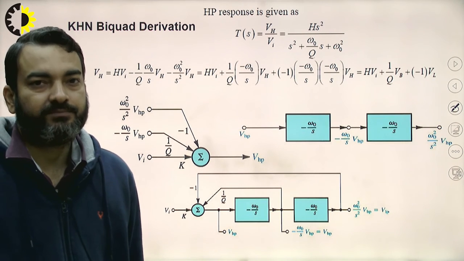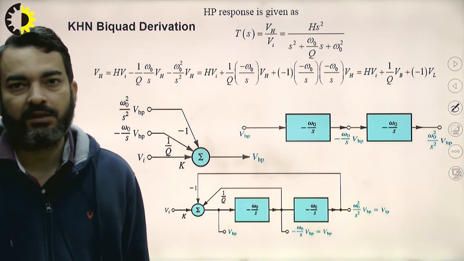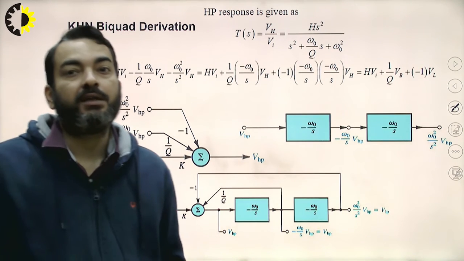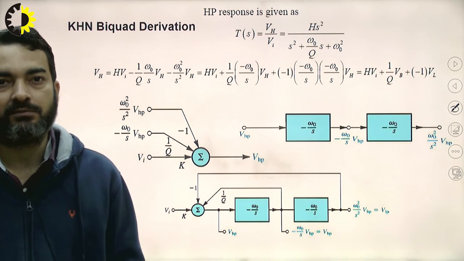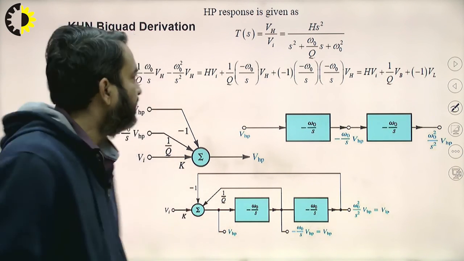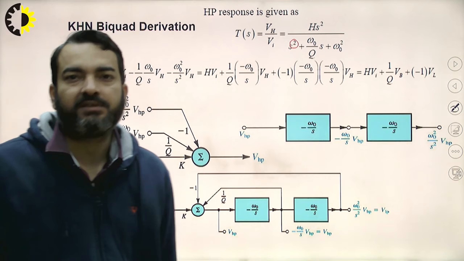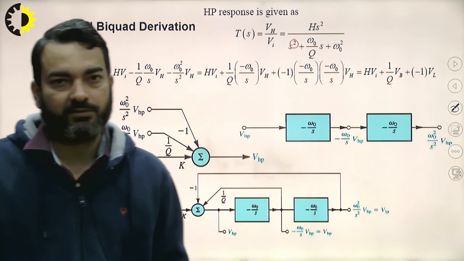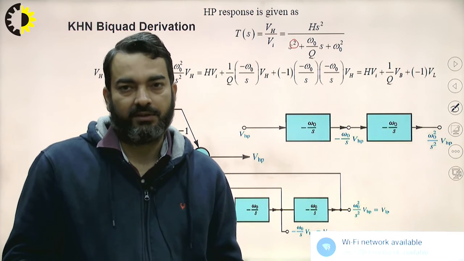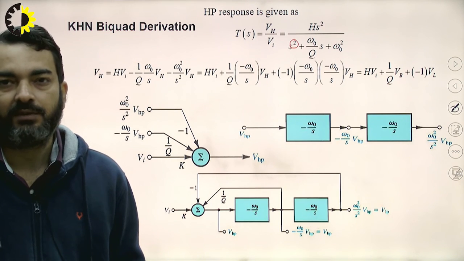Now we will see a very important filter, known as the KHN biquad. Biquad stands for biquadratic equation having power of 2. The second order filter has highest power 2 in the denominator, so we call second order filters biquad filters also. Here we will first learn how to realize a filter, and then we will derive the transfer function of the realized filter.